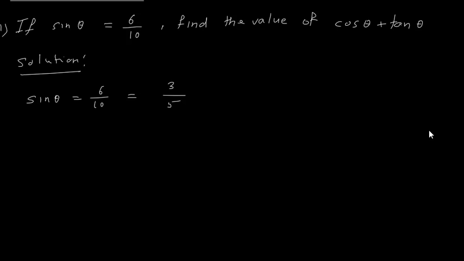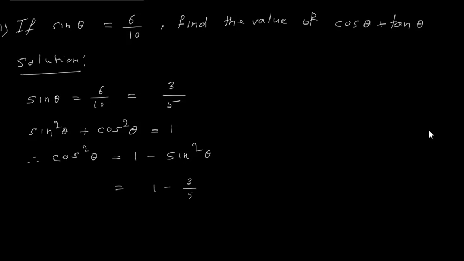Now use the identity. The identity which we are going to use is sin square theta plus cos square theta is equal to 1. So therefore cos square theta will become 1 minus sin square theta, which will give me 1 minus the value of sin theta, 3 upon 5, the whole square, which gives me 1 minus 9 upon 25.